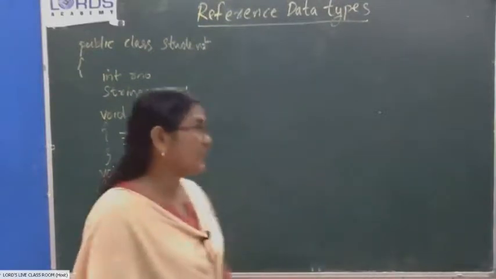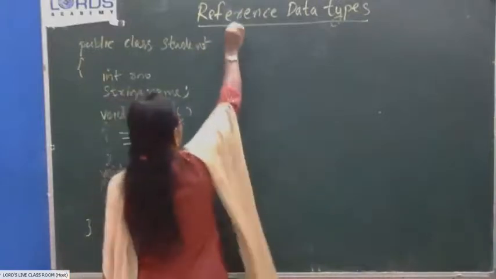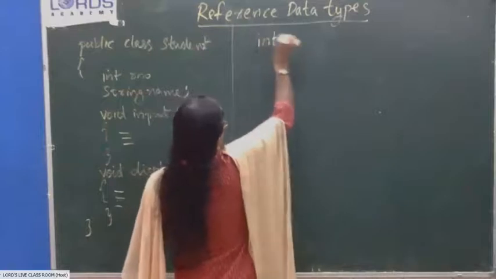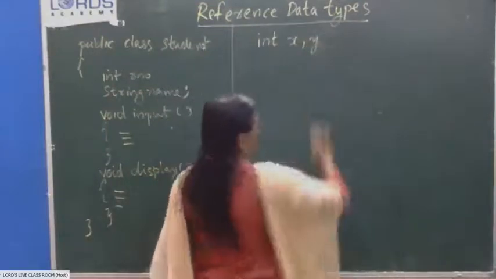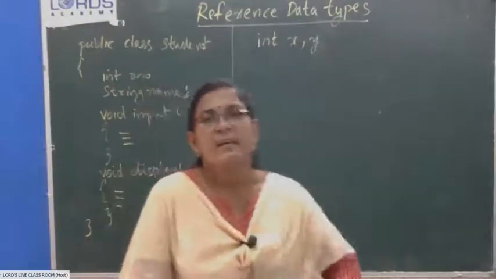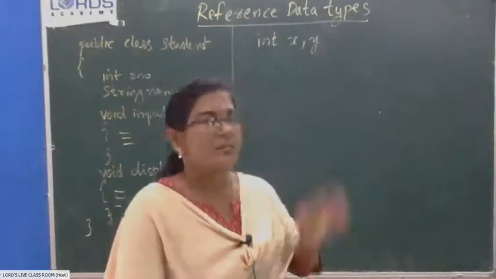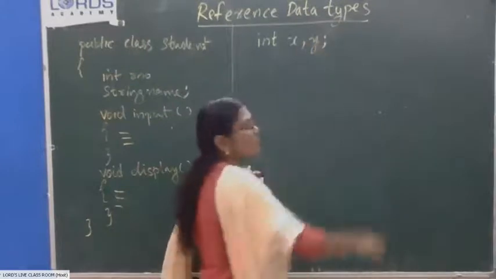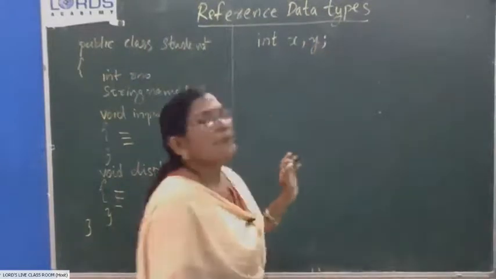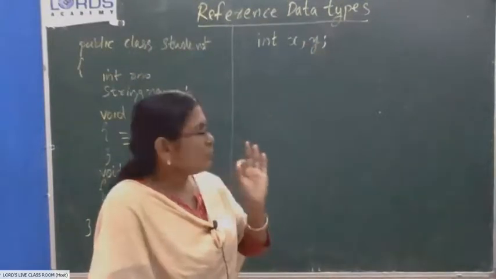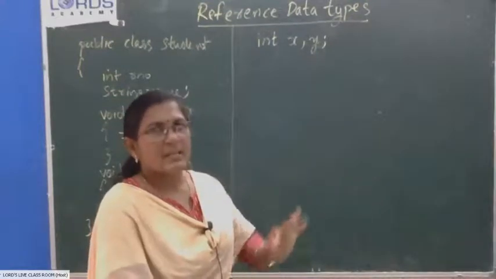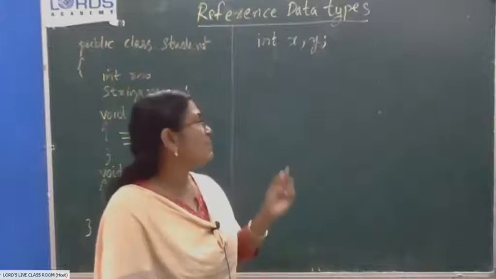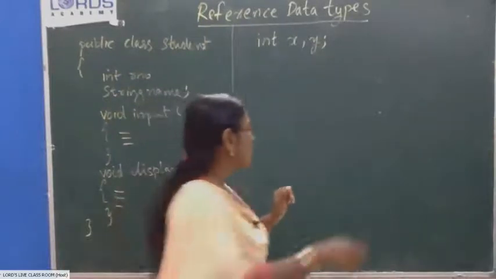of primitive data type, what happens is, with int x, y, two storage locations are declared by using the keyword int. When this statement is executed, two different storage locations, each consisting of 4 bytes, will be reserved and the names x and y will be given to those locations.